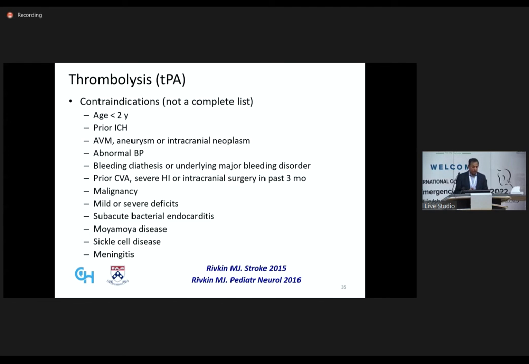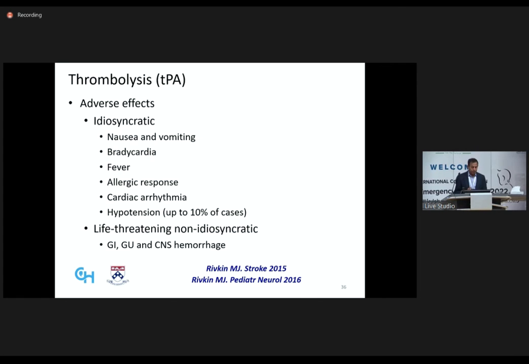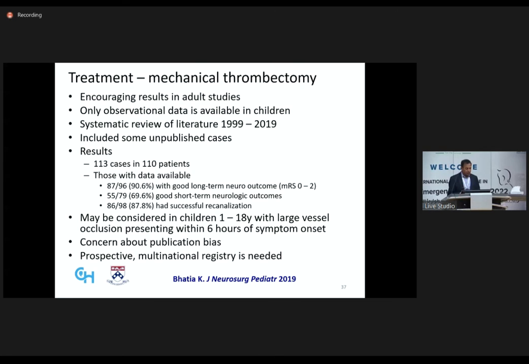And then there are some contraindications to thrombolysis, similar to those in adults, that you have to refer to. Naturally, the main complication of thrombolysis is bleeding, because you're preventing thrombosis, whether it's in the brain, the GI tract, or somewhere else, and there are some other complications. And then there is an emerging modality, similar to adults: mechanical thrombectomy.